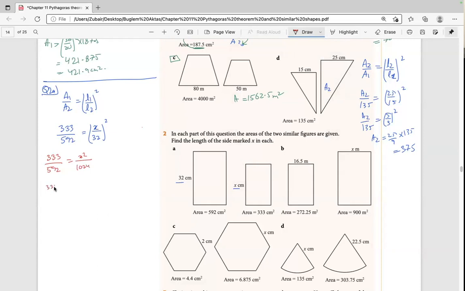And 333 by 592 times 1024 is equal to x squared. That gives me 576. So x squared is equal to 576, and taking the square root of both sides, I'm getting x equals 24.